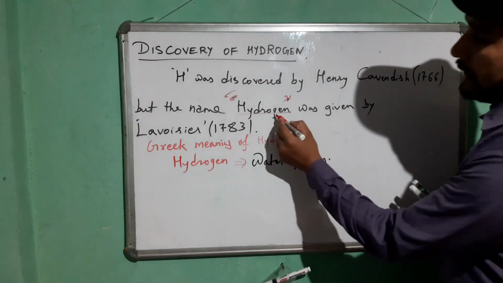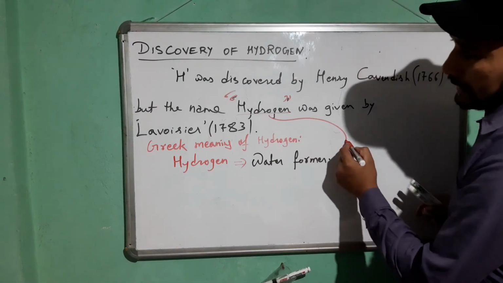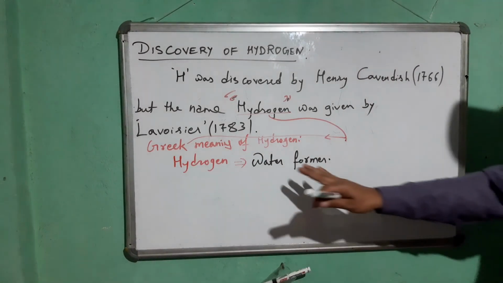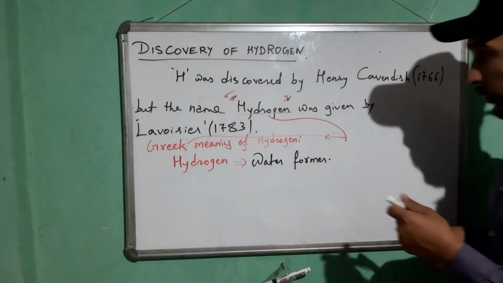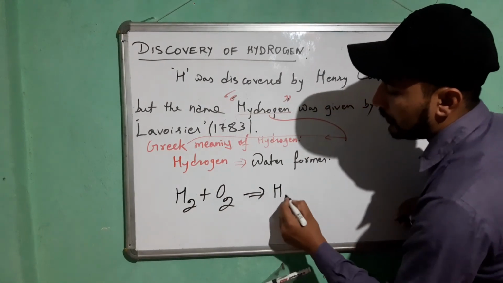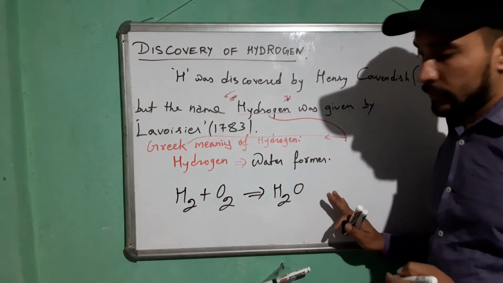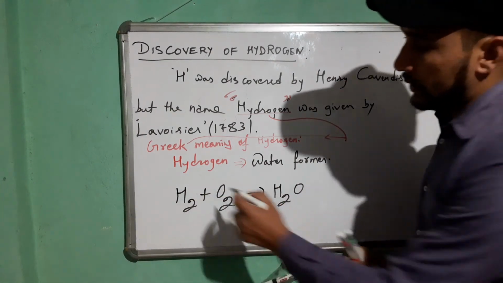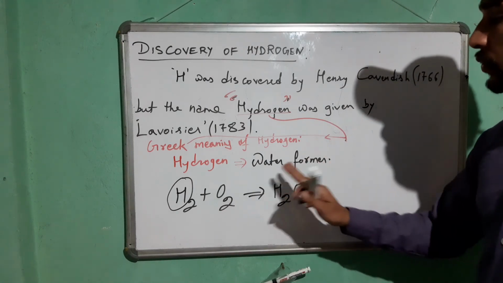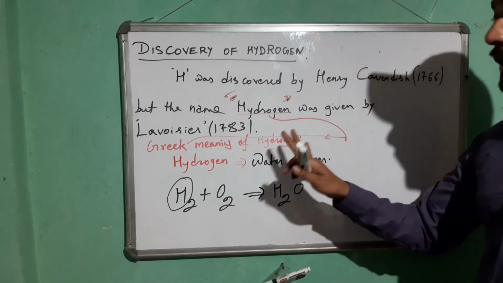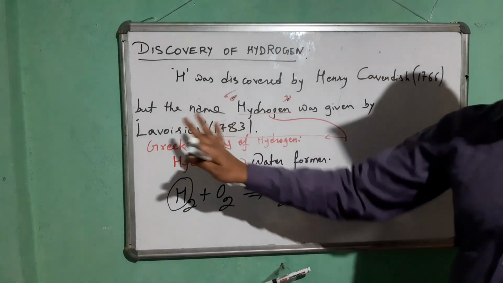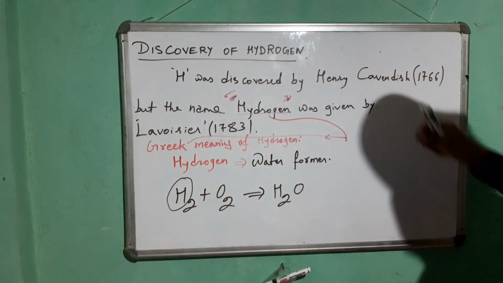The name hydrogen was derived from a Greek word. Hydrogen means water former. When hydrogen reacts with oxygen, it forms water, H2O. That's why this element was given the name hydrogen. Hydrogen means water former in Greek.